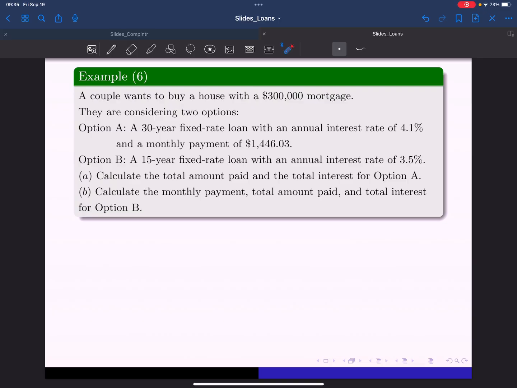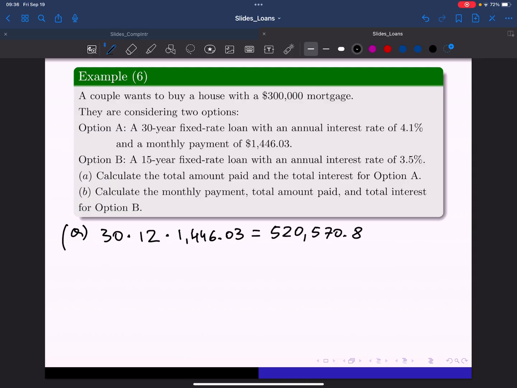So for part A, they gave us already the monthly payment. So we only need to calculate the total amount paid. If we pay for 30 years, how many times per year? 12, and times the payment, 1,446 and 3 cents. And this gives me 520,570 and 80 cents.